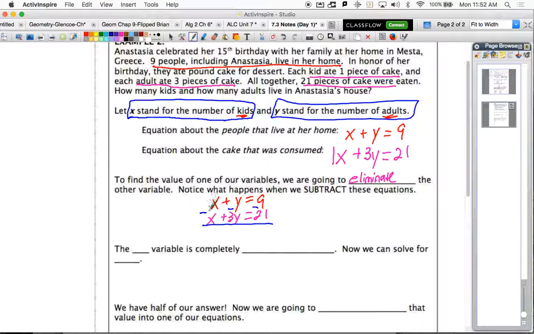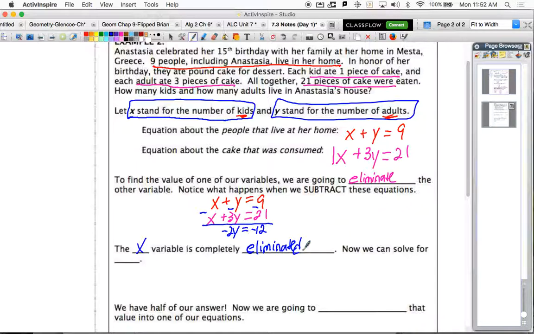Since they are the same sign, both positive, if we subtract them, that's how we get the elimination done. So 1y minus 3y gives us negative 2y, and 9 minus 21 gives us negative 12. The x variable is completely eliminated.